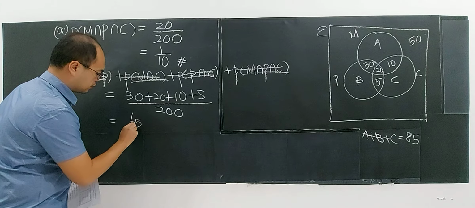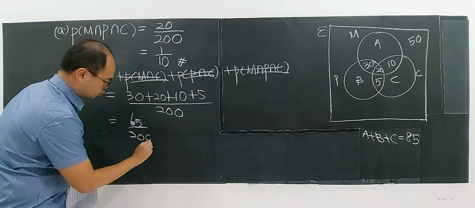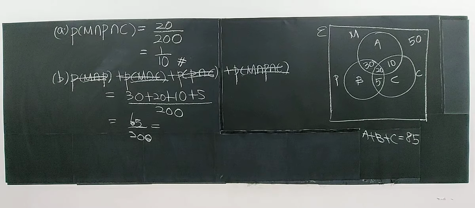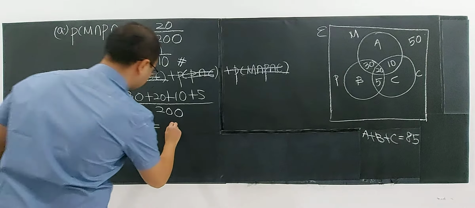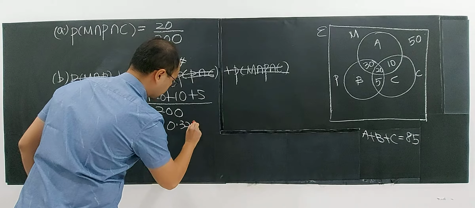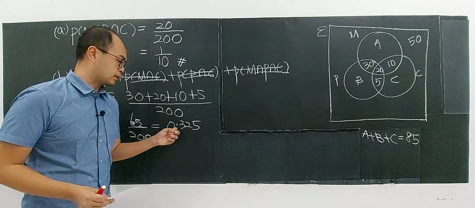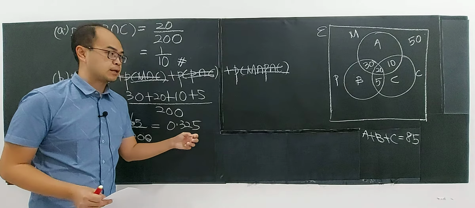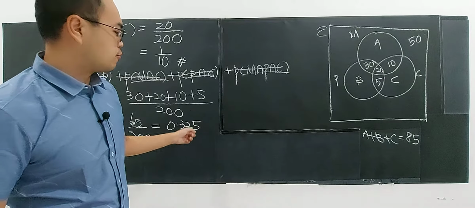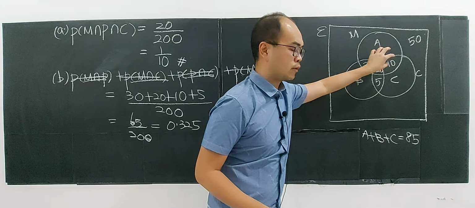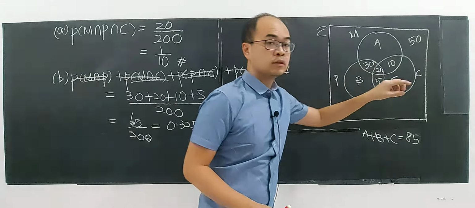65 over 200. If you change to a decimal, you are getting 0.325. If you change this to percentage, it's actually 32.5%. 32.5% of the students are within the region of scoring grade A in at least 2 subjects.